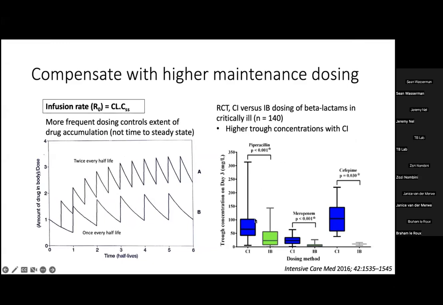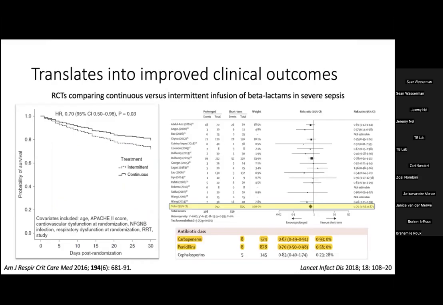And clearly in the blue box plots, which indicate continuous infusions for different antibiotics, piperacillin, meropenem, cefepime, there are significantly higher trough concentrations when given as a continuous infusion versus intermittent bolus. Given by this equation again, the infusion rate just increases, and that increases the steady state concentration.